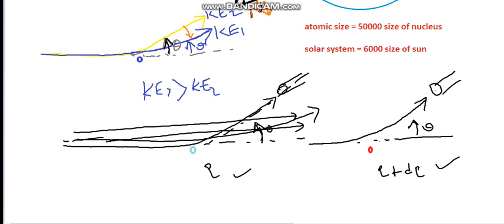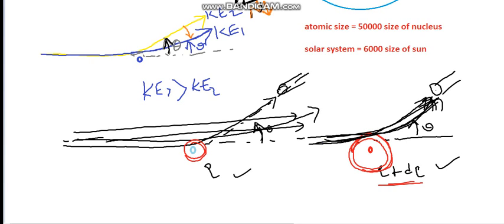In this case you have a field like this, but when you are having more charge you will be having more field here. So more alpha particles will be having impact, and they can be scattered into that particular angle when you are increasing your charge.